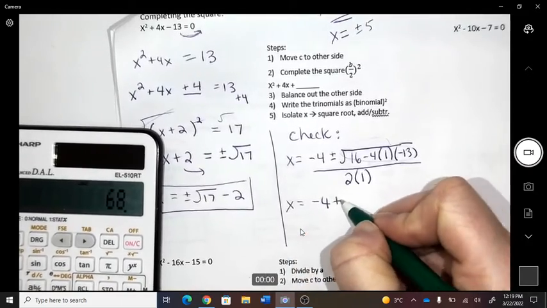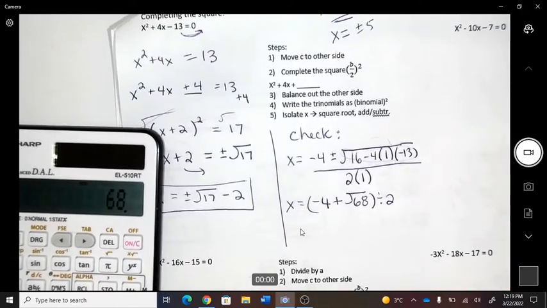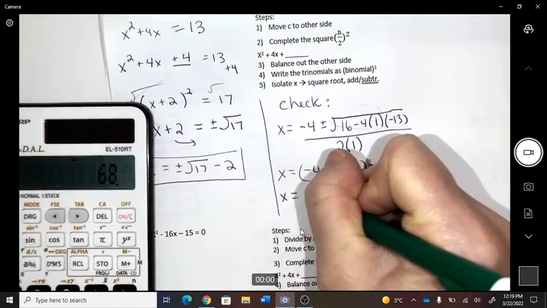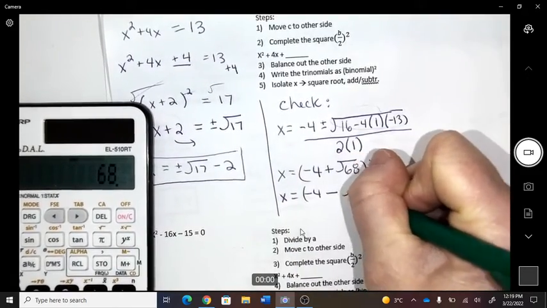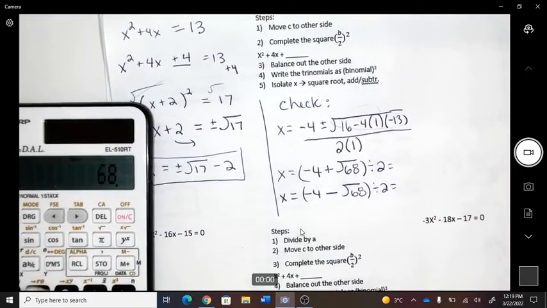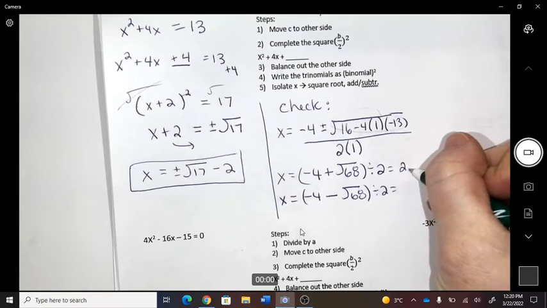So negative 4 plus root 68 would get divided by 2, or negative 4 minus the root of 68 would get divided by 2. I'm writing it like this because that's exactly what I'm doing in my calculator. Why don't you see if you can get some decimals here?